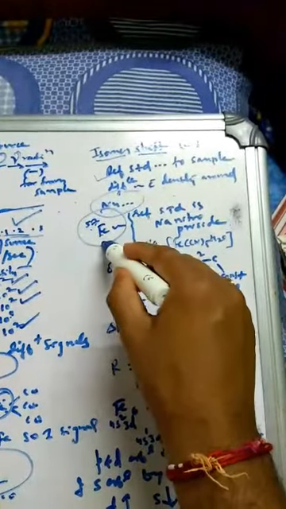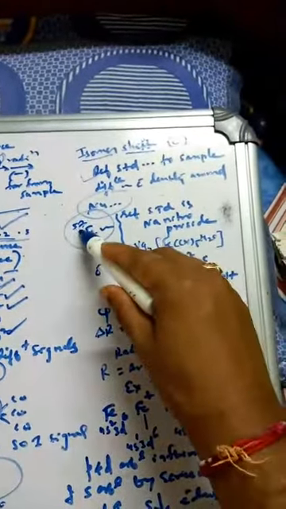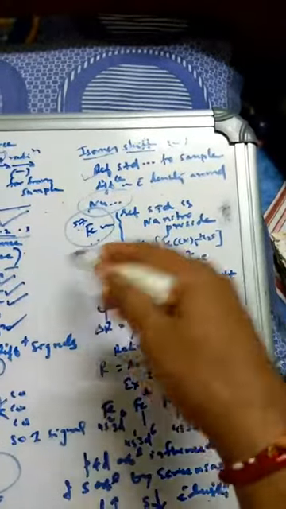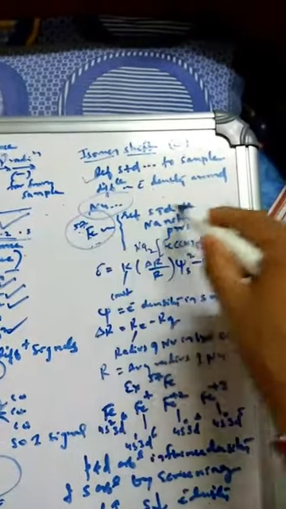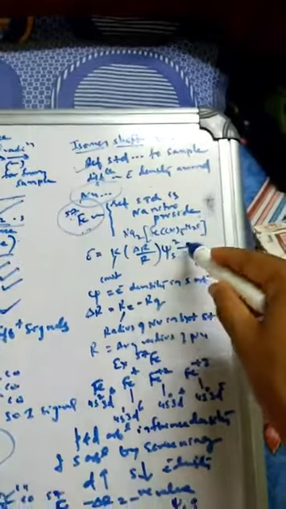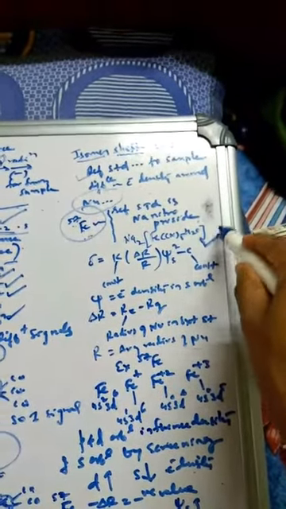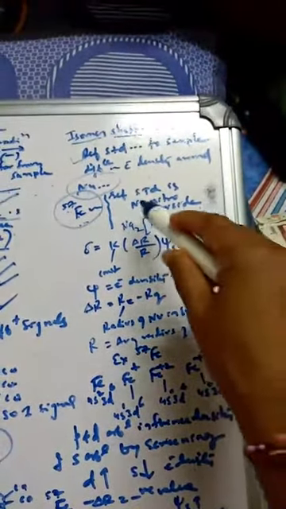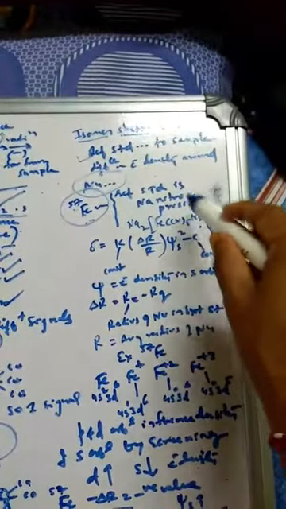Here the sample we take is always tin or iron. Iron-57 is the sample, and the reference for iron-57, like DPPH in ESR, is sodium nitroprusside, Na2[Fe(CN)5NO]·2H2O. This complex, sodium nitroprusside, is taken as the standard.